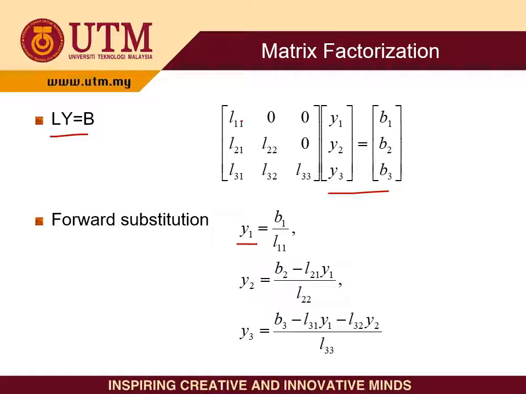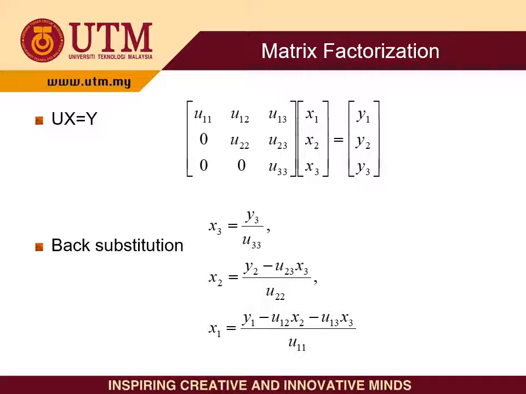So we get our y1. For y2, b2 minus L21 y1, and then we divide by L22. For y3, b3 minus L31 y1 minus L32 y2, and then we divide by L33. So we get our forward substitution.